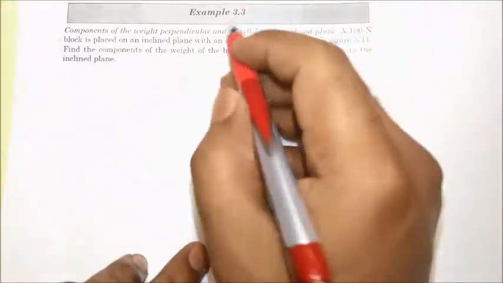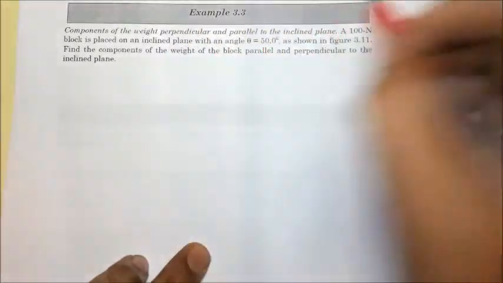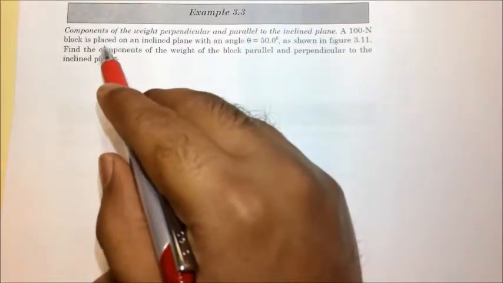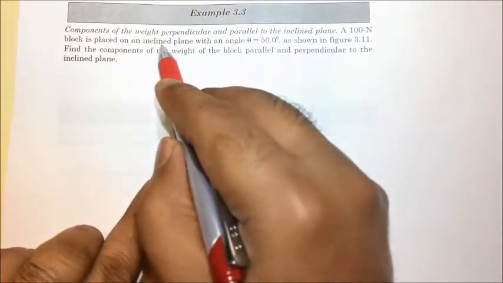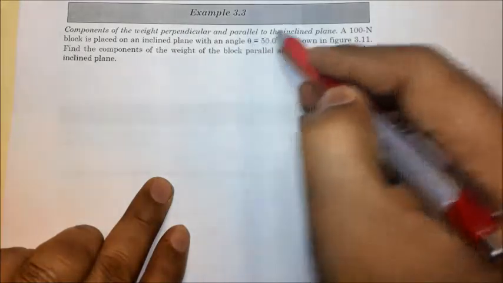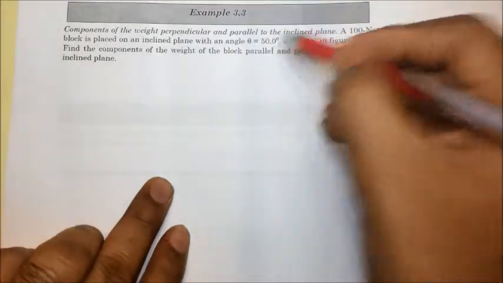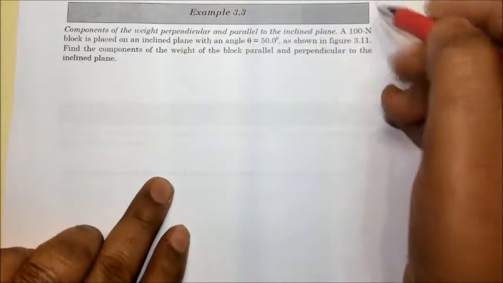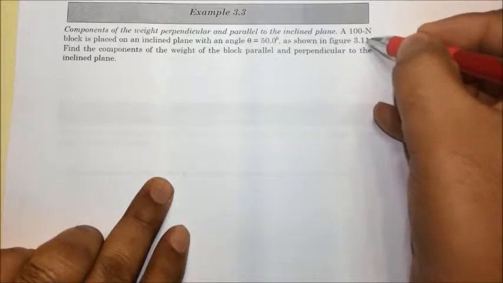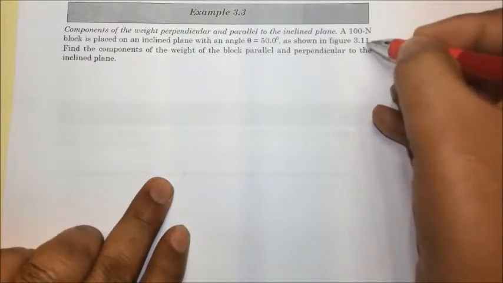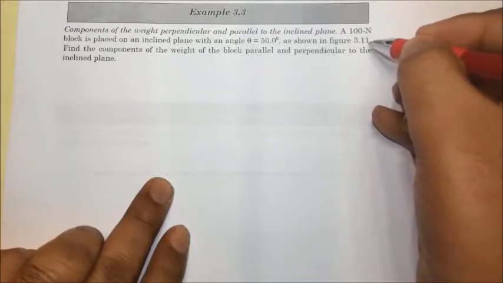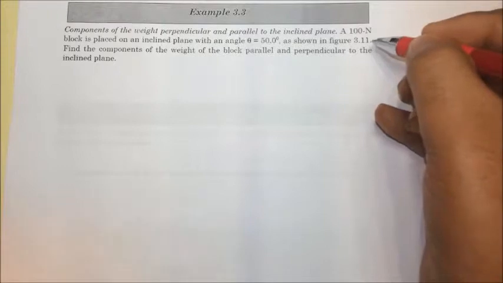This is example 3.3. A 100 Newton block is placed on an inclined plane with an angle theta equal to 50 degree as shown in the figure. If you see your book, this is figure 3.11 of your book.